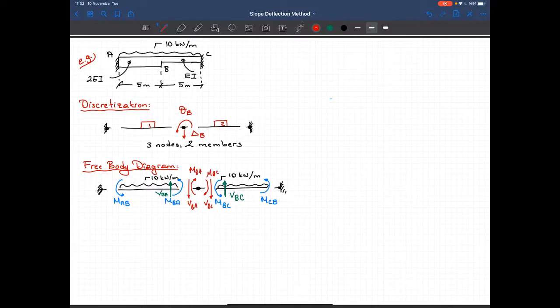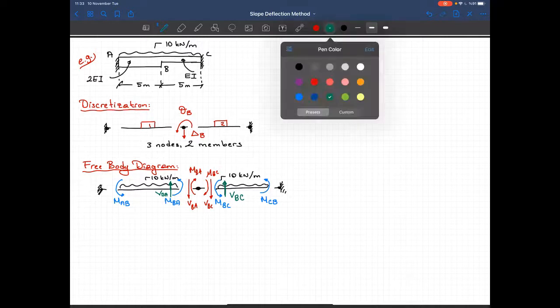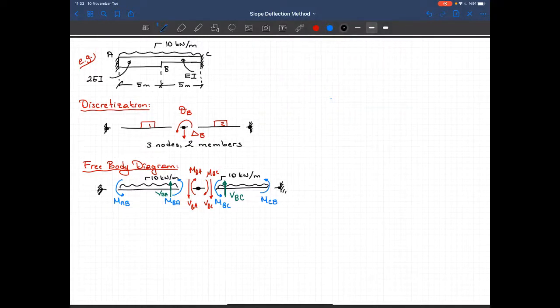Now I will be needing a moment equilibrium since I have a rotational degree of freedom. So my first equilibrium equation is sum of moments at B equal to 0. This gives me my first equation, MBA plus MBC equal to 0. That's my first equilibrium equation.